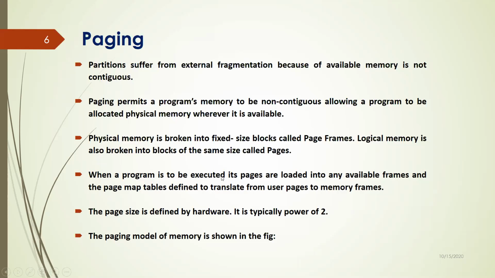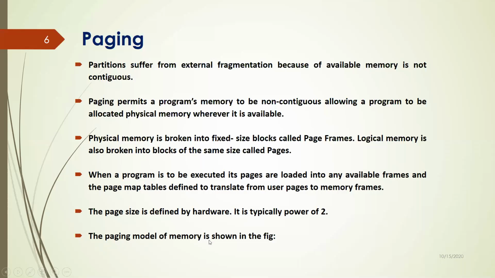When a program has to be executed, its pages are loaded into the available frames, and then the page map table is defined to translate the user pages to the memory frames. So it will be redirected from that particular memory to the user. The page size is defined by the hardware, right? That is not done by the operating system, but the operating system can give an instruction to the hardware.